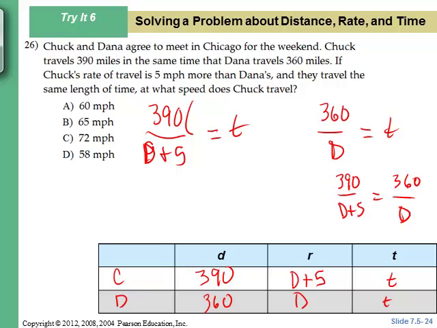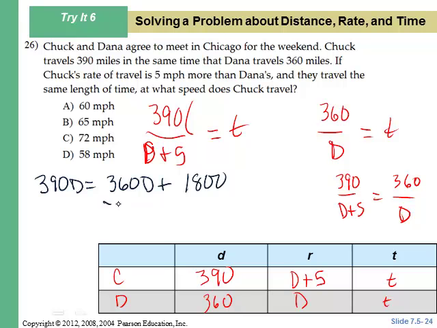Wait, I got to get my pen unwound here. 390 Dana equals 360 Dana plus 5 times 360 is 1800. Subtract 360 Dana from each side.